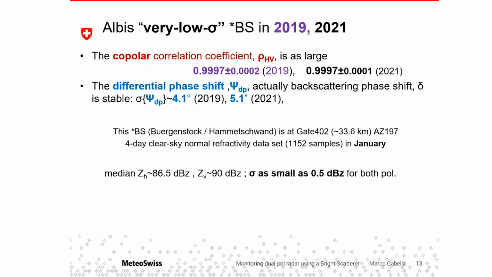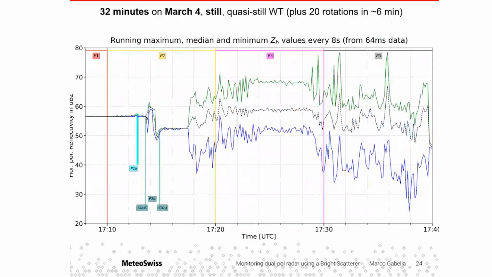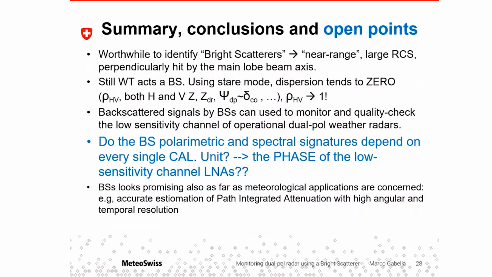There are many things that I still have not understood, but one interesting thing is that weather is not that important. And this is why a bright scatterer is so interesting also from a meteorological point of view, to evaluate path integrated attenuation, two-way.